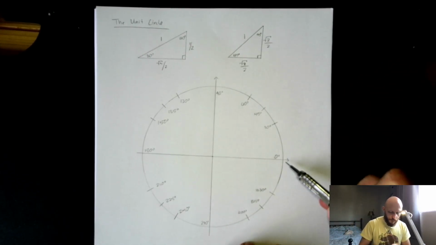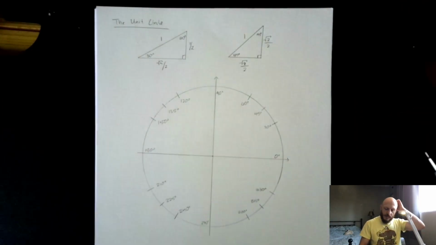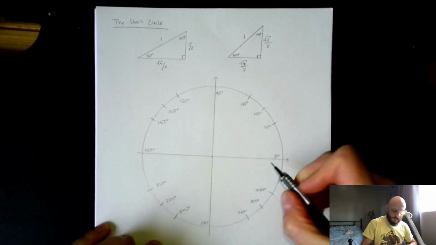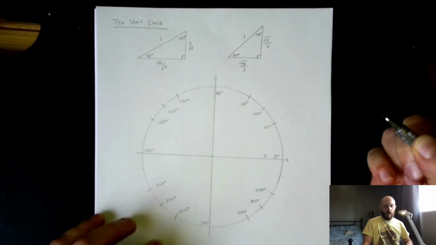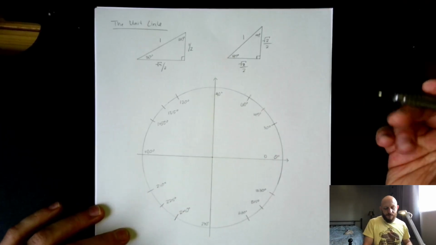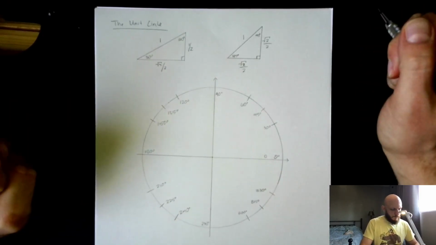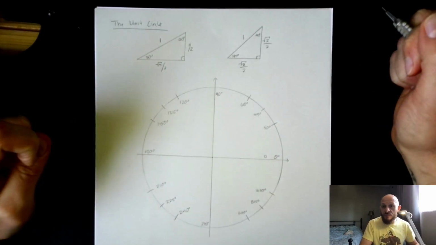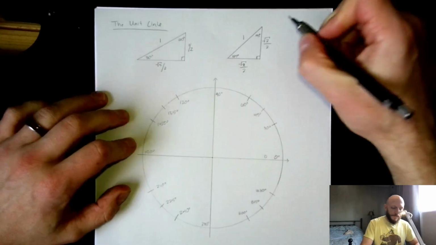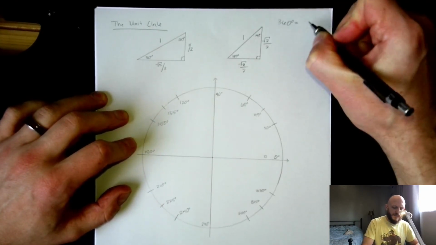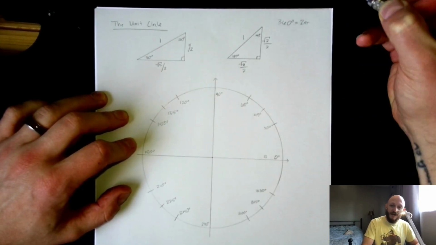Okay, so we'll start at 0 and we'll move all the way around. Obviously 0 degrees is the same as 0 radians. 30 degrees is pi over 6. The main identity that you could use to derive these, by the way, is the fact that 360 degrees equals 2 pi radians.